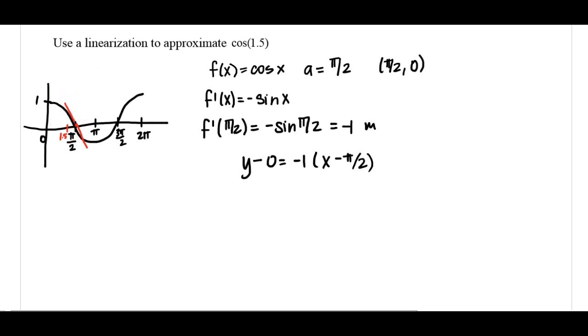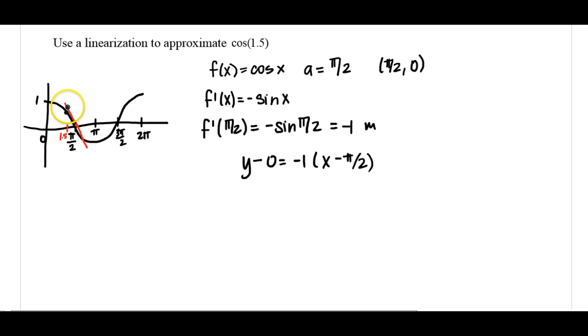So we are finding the point on the curve. So let me use a different color here. At 1.5, we're finding this point on the tangent line, when we're really interested in finding the exact point on the curve. But of course, we already said that we can't do that without a calculator right now. But we will be able to approximate it using our tangent line.